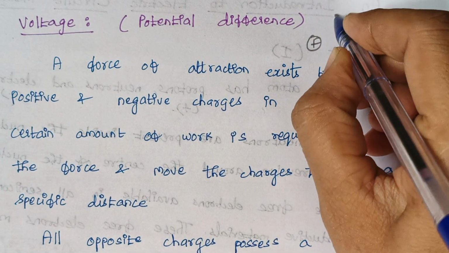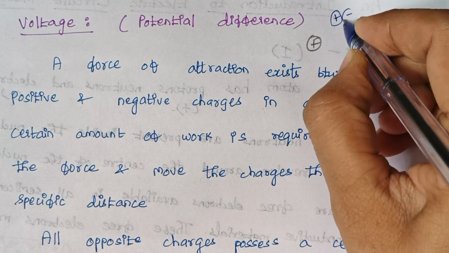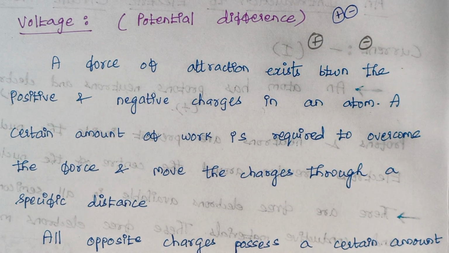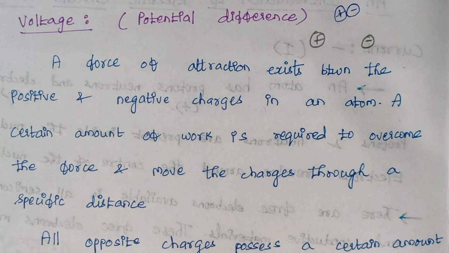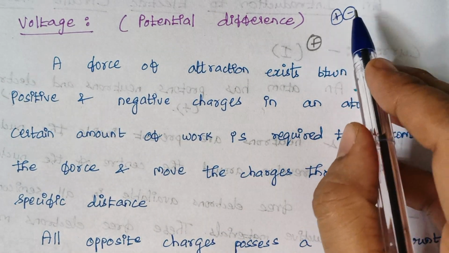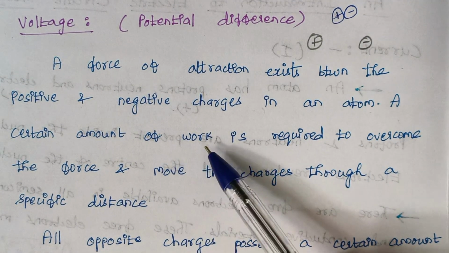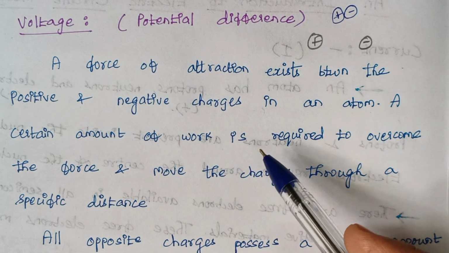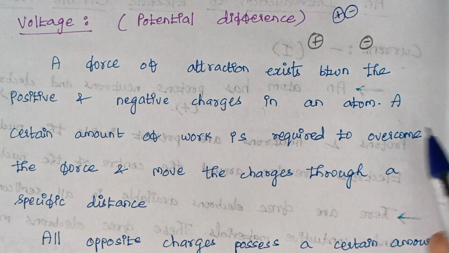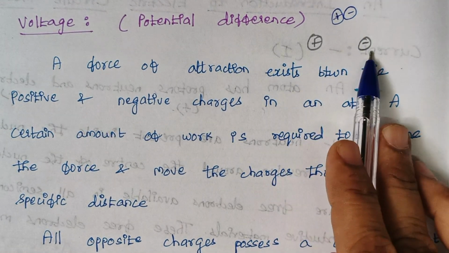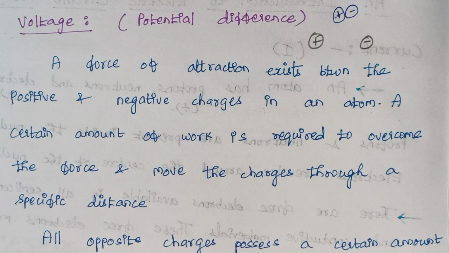That is, one has a positive charge and another has a negative charge. Due to the force of attraction, they attract each other, but some work is done to separate these two charges. After the work is done, the charges get separated like this.